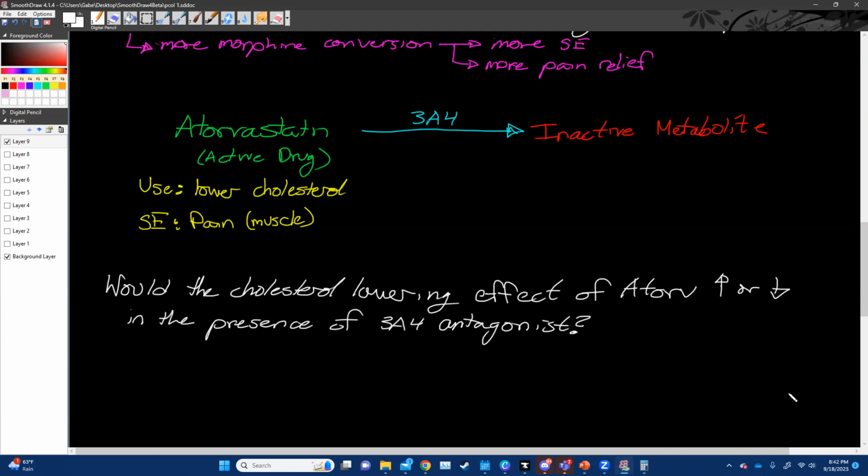Would the cholesterol lowering effect of atorvastatin increase or decrease in the presence of a 3A4 antagonist? Increase, decrease, some people, let's say.